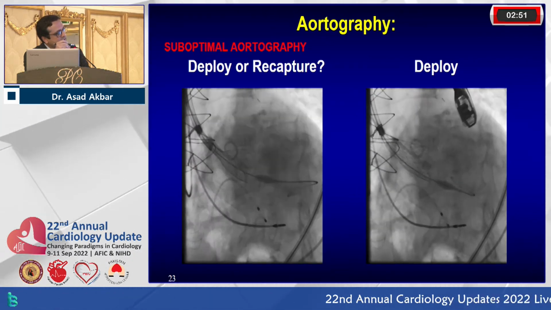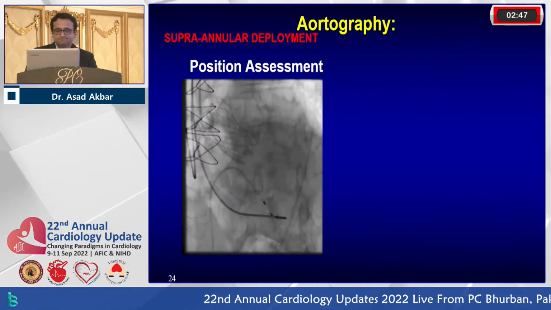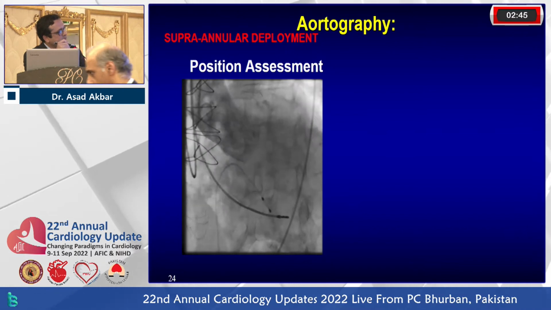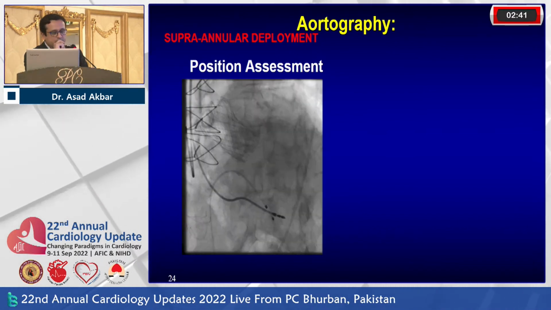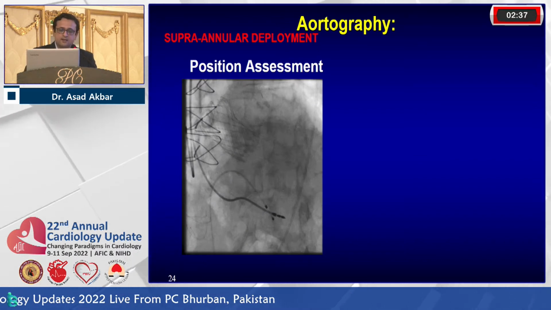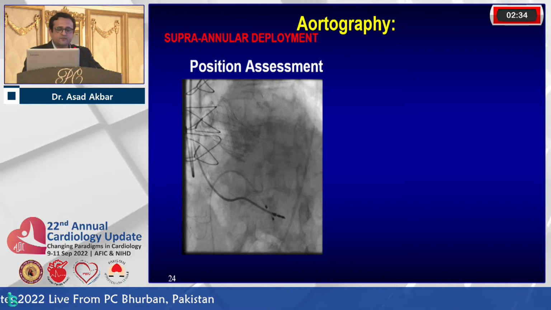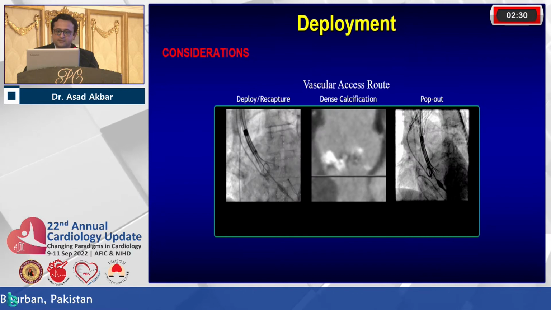They decided based on just this view that it looks pretty deep, and they deployed it. Because of this one mistake, they deployed pretty high, and you can see all this paravalvular leak because it's actually a supra-annular deployment. So again, we need to be cognizant of the fact that these procedural steps all have to be followed for us to avoid these complications.